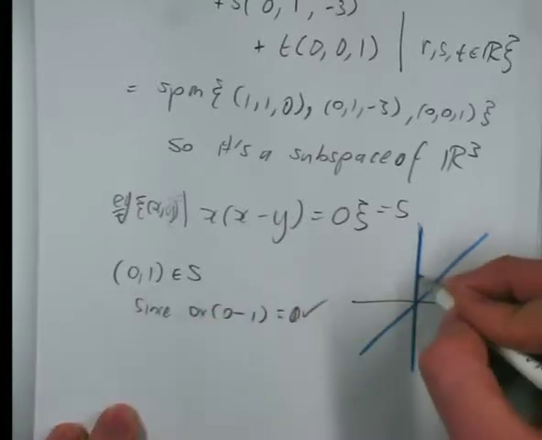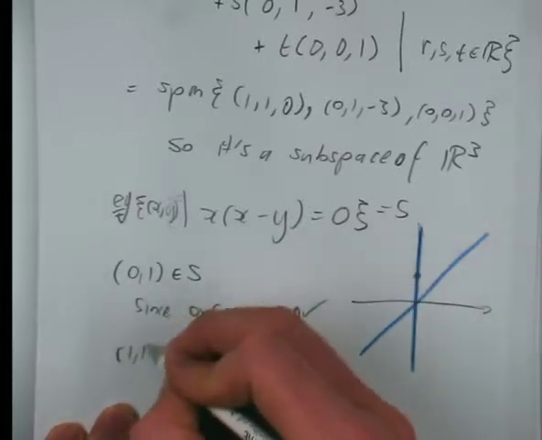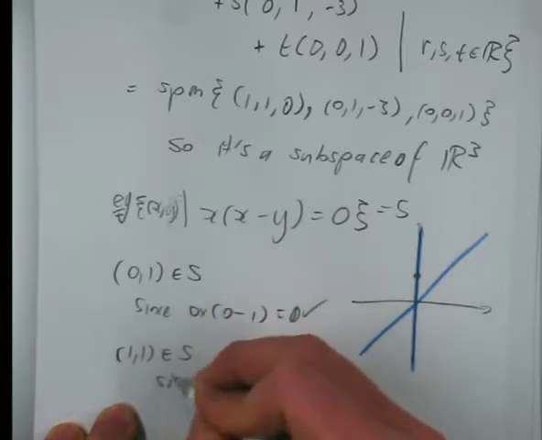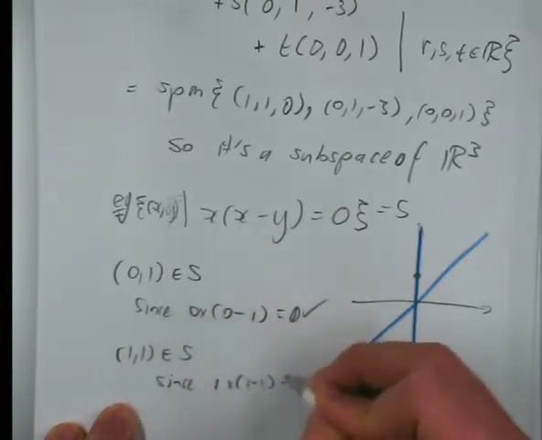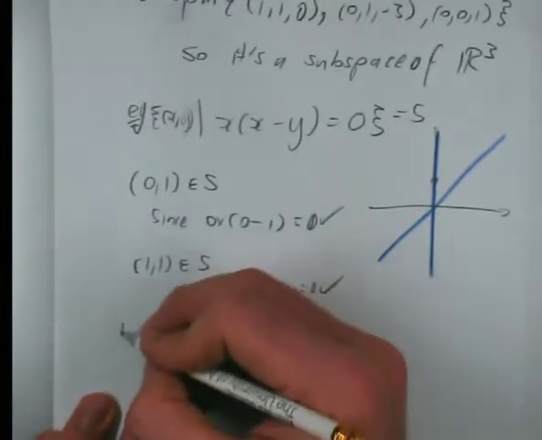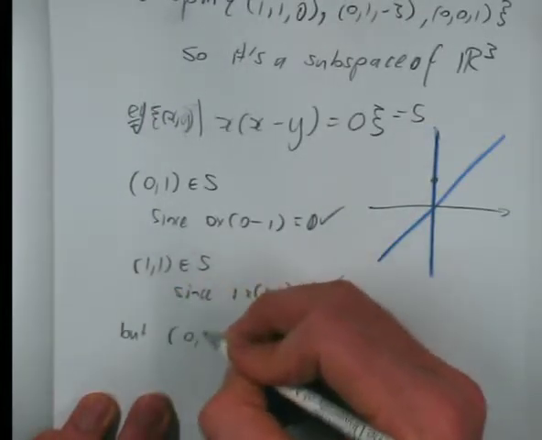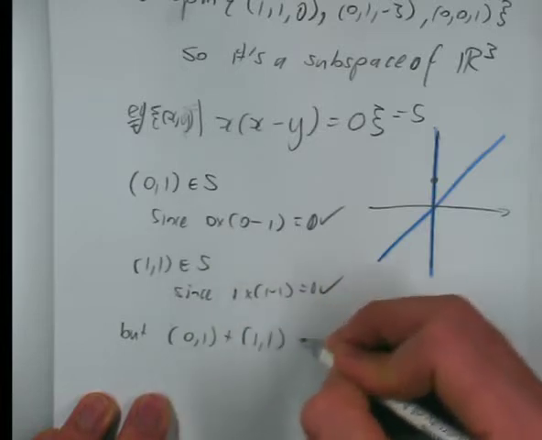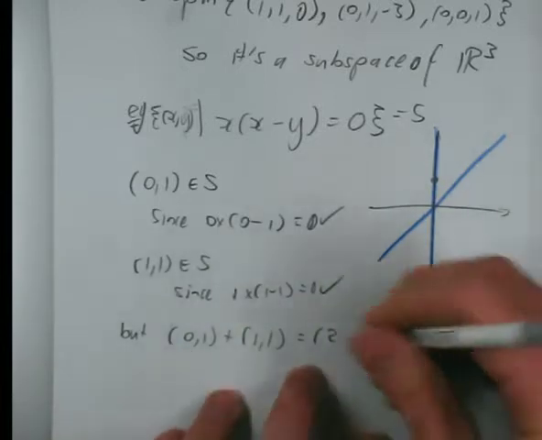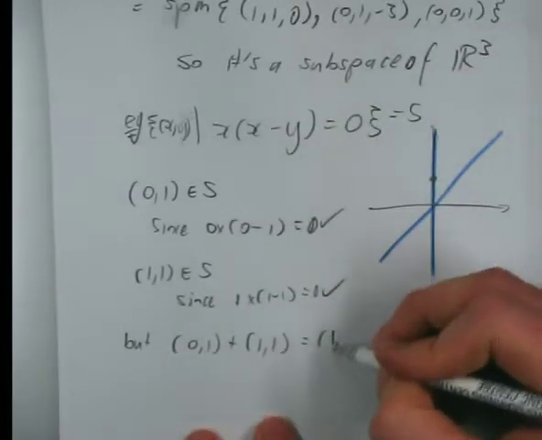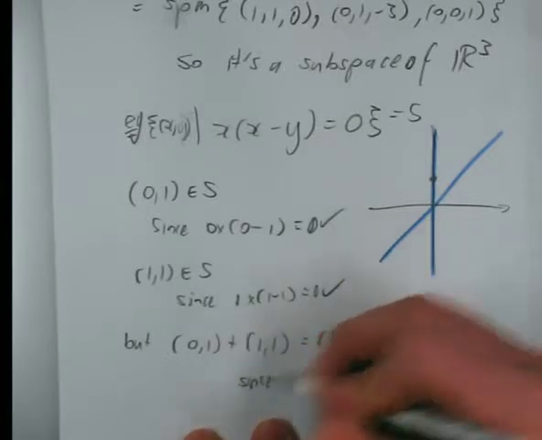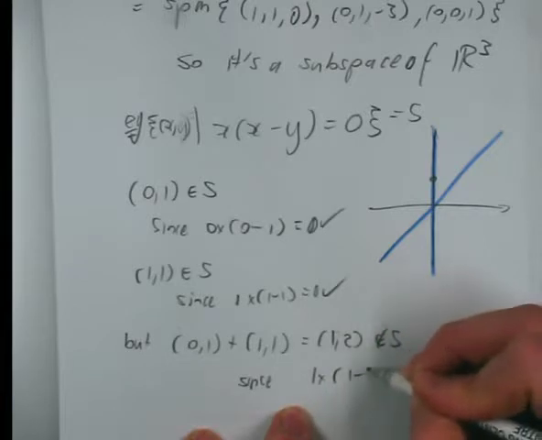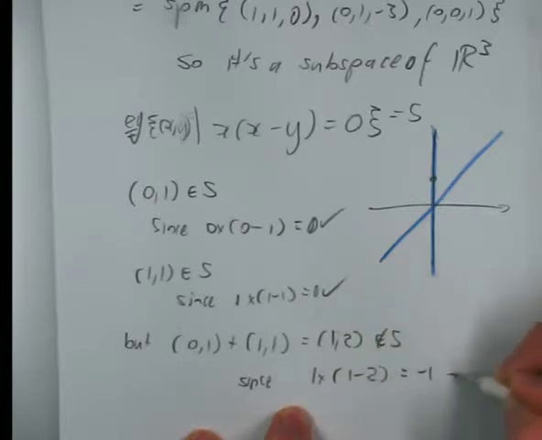And I need another point, maybe (1, 1). (1, 1) is in S, since 1 times (1 minus 1) is 0, but (0, 1) plus (1, 1) is (1, 2), which is not in S, since x times (x minus y) is minus 1, which is not 0.